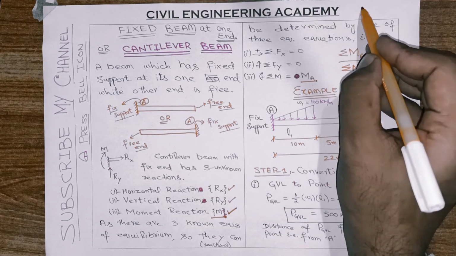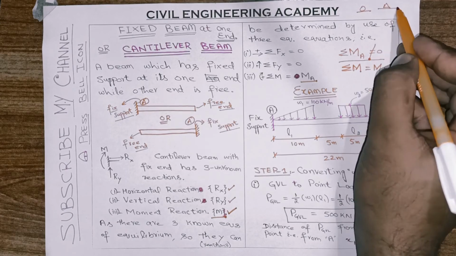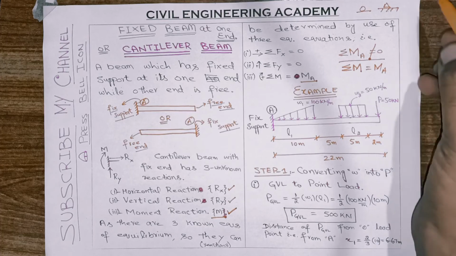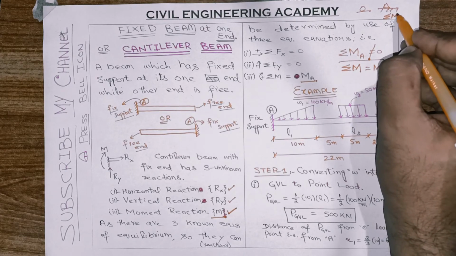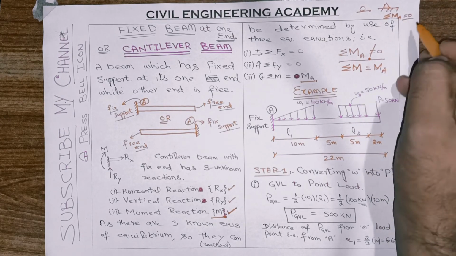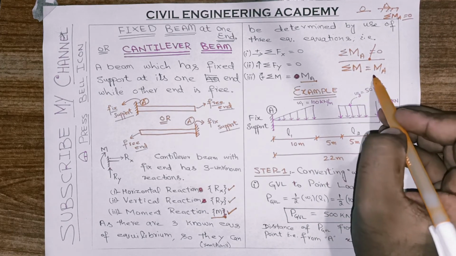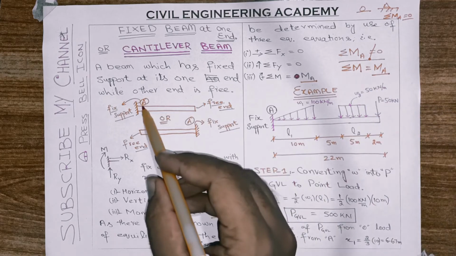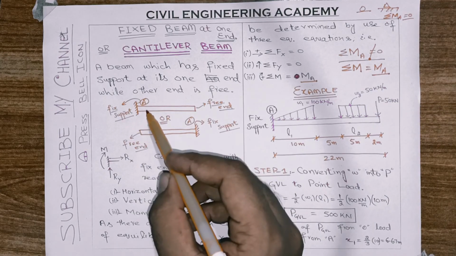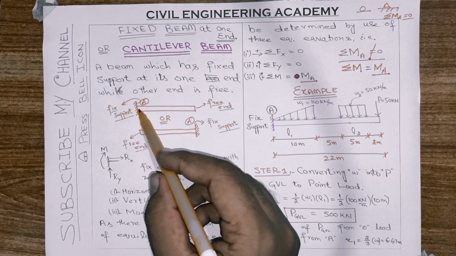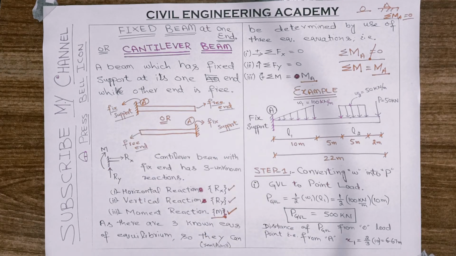In roller support or in pin support there is no resistance to moment. That's why in the previous examples we have been writing summation of moments at point A is equal to 0. But in this specific case, it is not equal to 0, it is equal to MA, because we have some moment value at point A, or at a point which is connected with the fixed support.